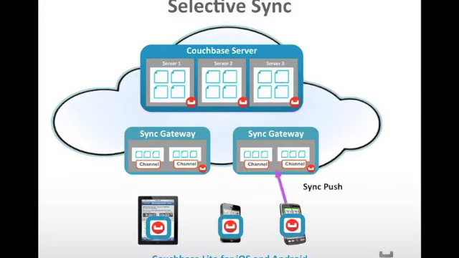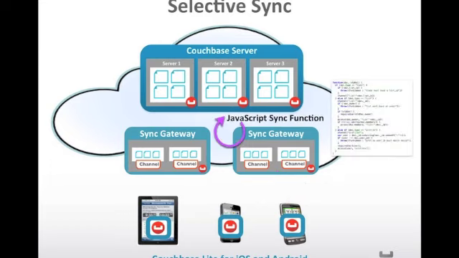So we'll go back through that same data flow again, but we'll think about the case where the data that is synced doesn't go to everybody. So we're going to push a document up from one of these clients, and we're going to run that sync function.